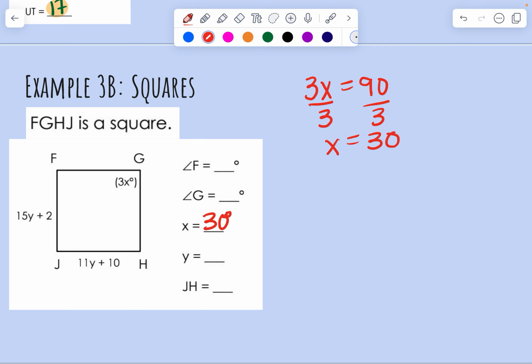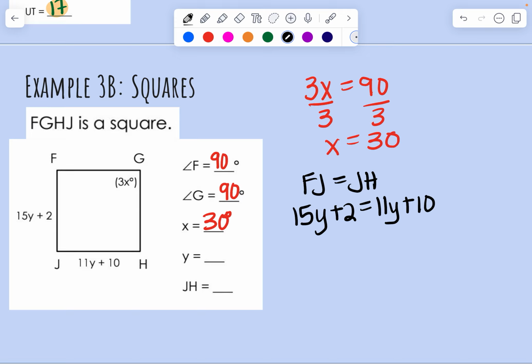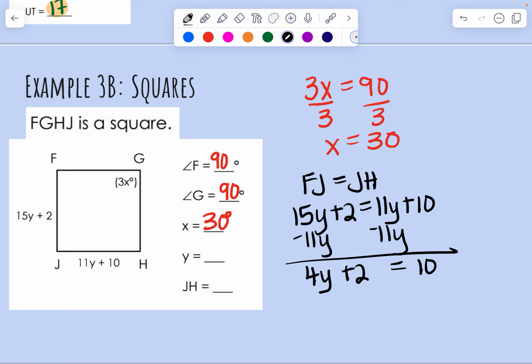Angle F and angle G, since this is a square, they're both 90 degrees. Now let's find Y. I know that the 2 sides are equal. FJ equals JH. So 15Y plus 2 equals 11Y plus 10. Taking 11Y from both sides, I'll get 4Y plus 2 equals 10.